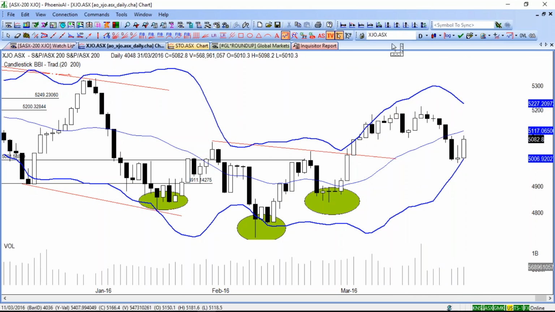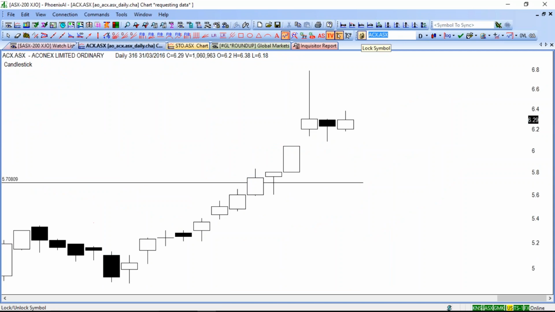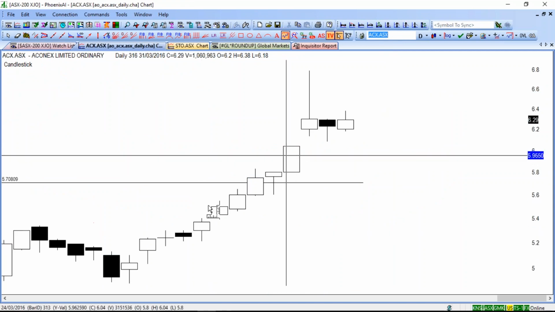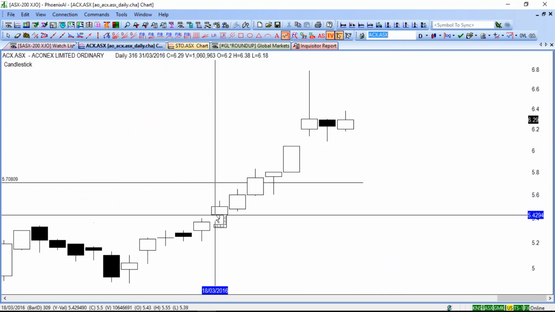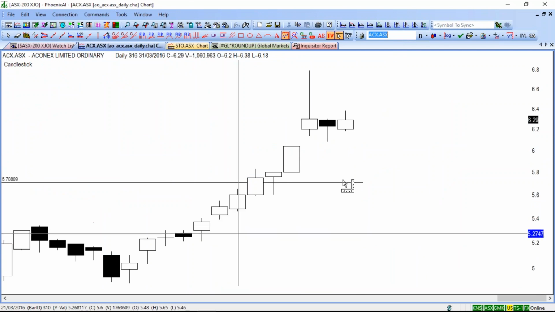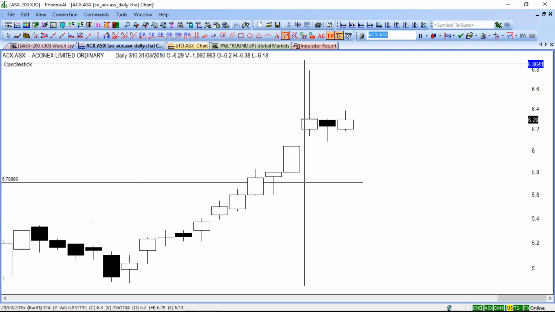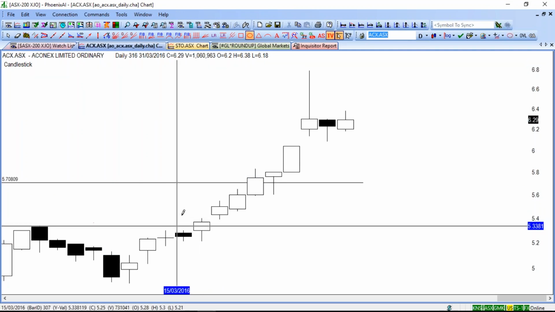And all I wanted to do was point out that while the index has been doing that, this little stock has been doing this. This stock's in the portfolio. I don't particularly care what the index is doing, but I really care what this stock is doing. And the reason it's in the portfolio is this breakout area. This is just a day chart.